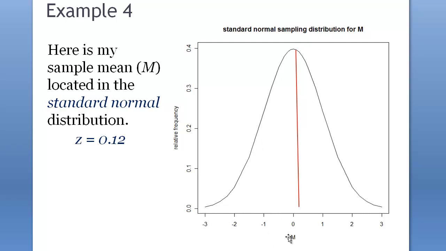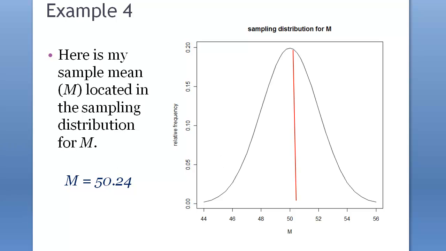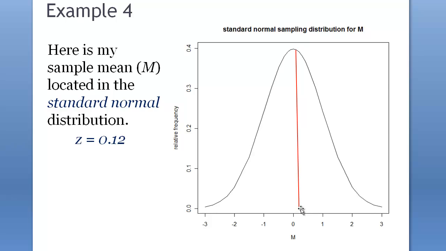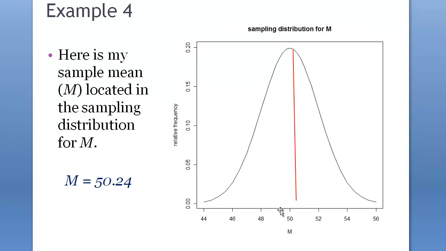See, all these are sample means. If you happen to take this sample and sample mean, which is 50.24, what you want to know is the z-score for that. If you get the z-score for this particular value, what you can say is where a particular sample mean sits. You can also know the percentile.